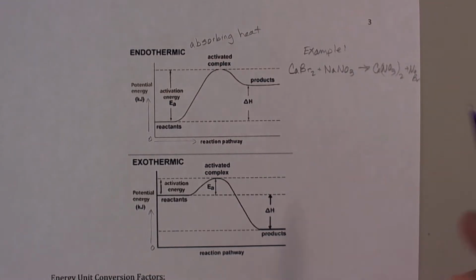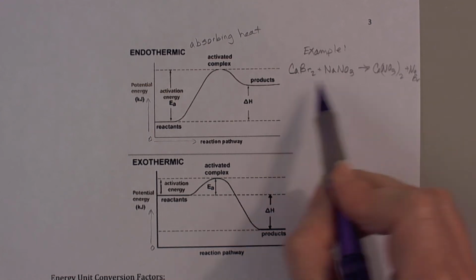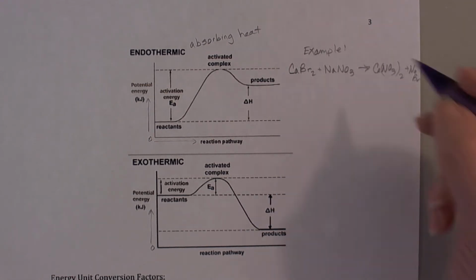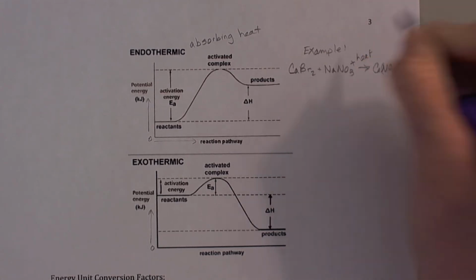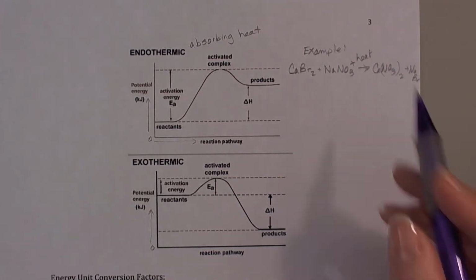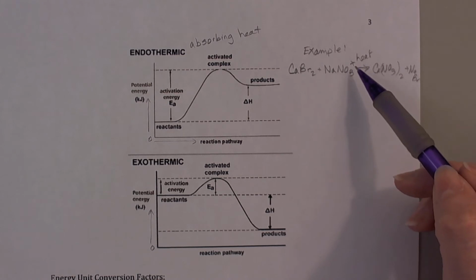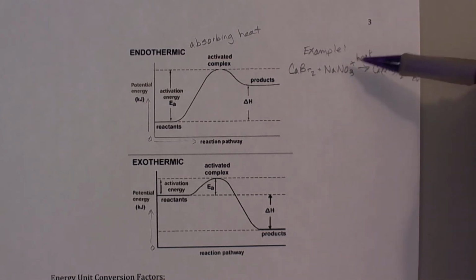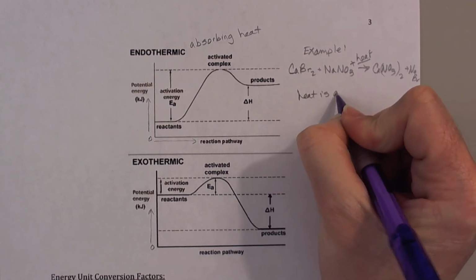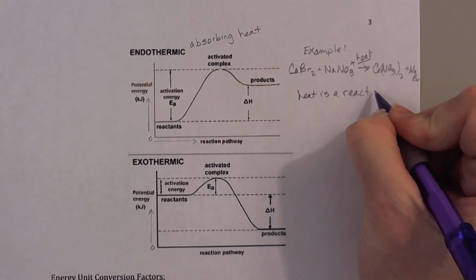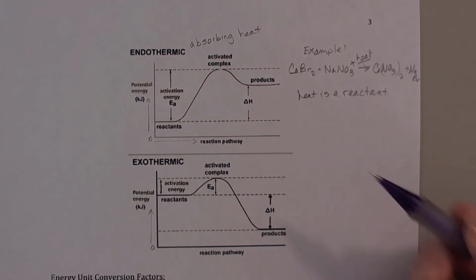Now here, if this is an endothermic reaction, that means we have to put heat in on the left-hand side of the equation. Means in order for this reaction to go, it has to absorb heat. So heat is a reactant. We treat it as a reactant. It's going in on that left-hand side.